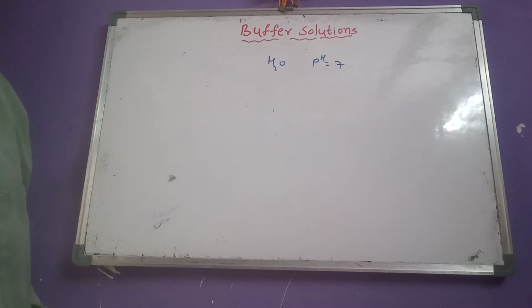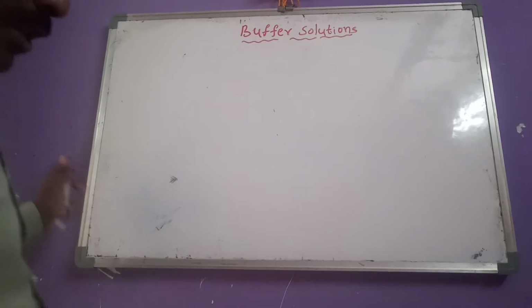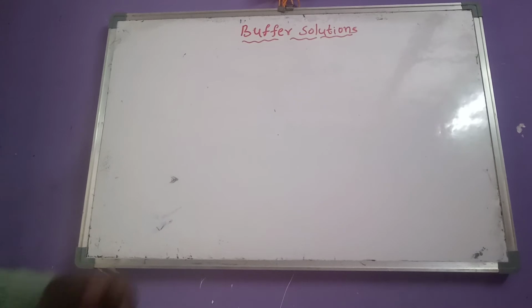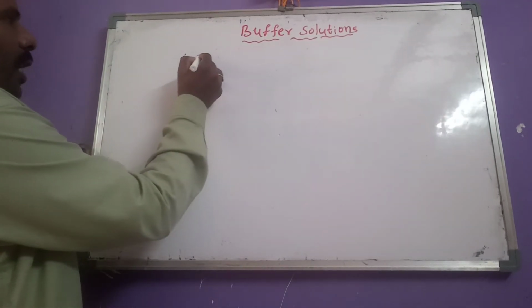The natural example for buffer solution is blood. We know the blood pH value is 7.4, that always remains at 7.4 if we add a little amount of an acid or a little amount of base. So those solutions are called which one? Buffer solutions. Now here buffer solutions are of two types.